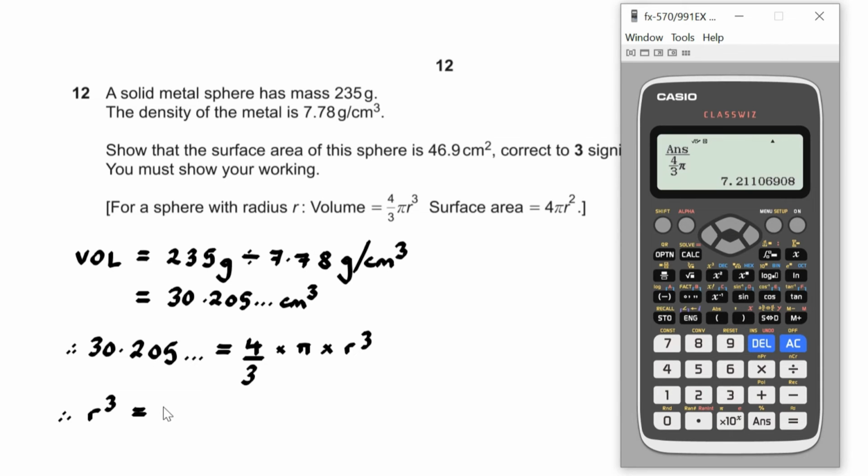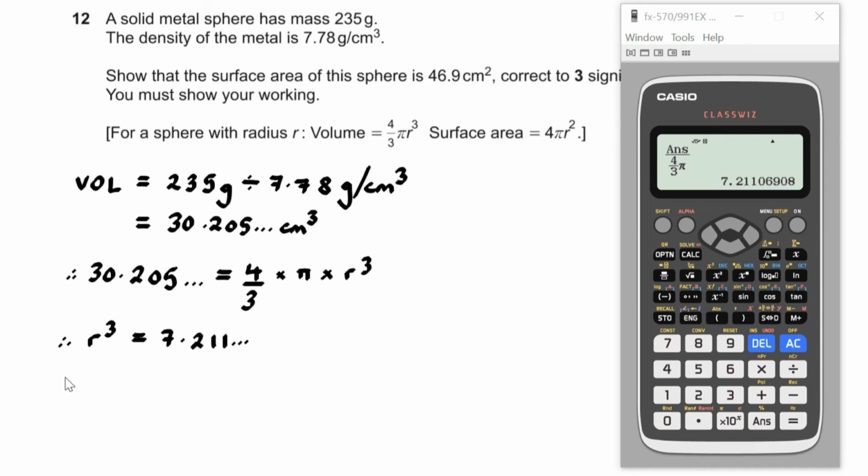It turns out r cubed is 7.211 etc. And therefore, if we cube root, we end up with r equals 1.931 etc. centimeters.